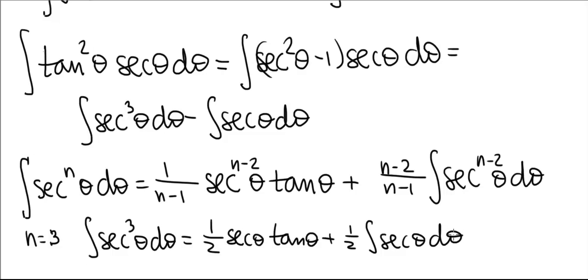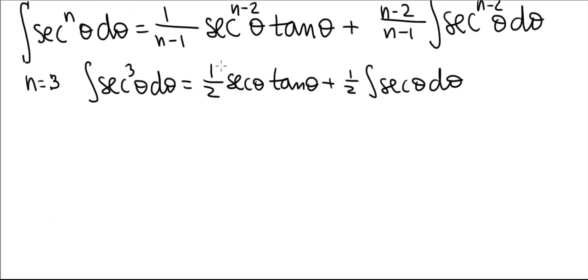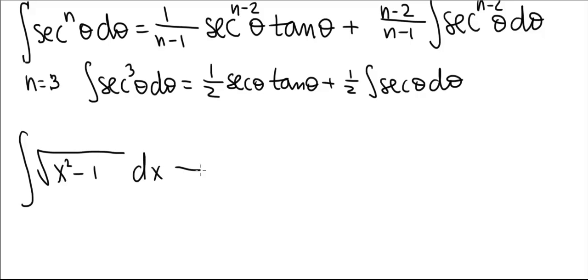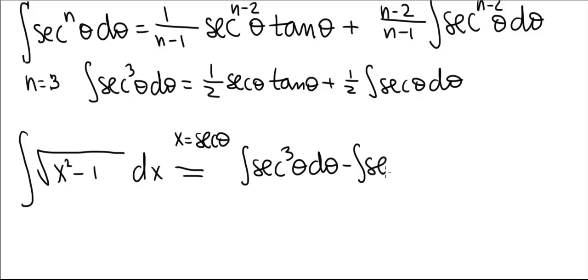So now we can combine this. Let's go back to the problem. Our original problem was we wanted to integrate the square root of x squared minus 1. We made the substitution x equal to secant theta, and we ended up with the integral of secant cubed of theta minus the integral of secant of theta. Now we just use the reduction formula.